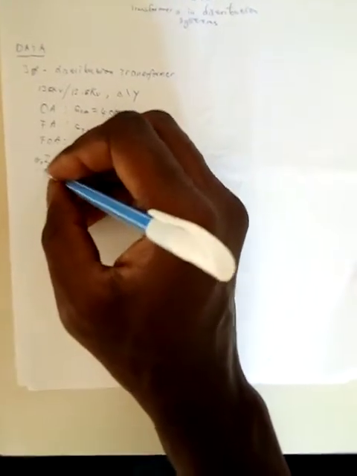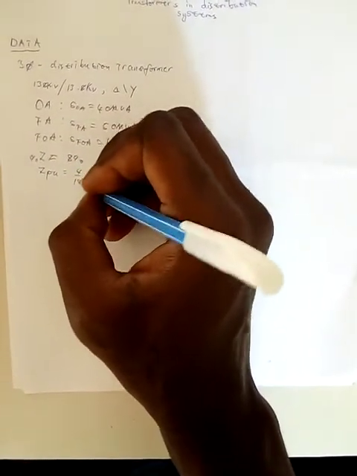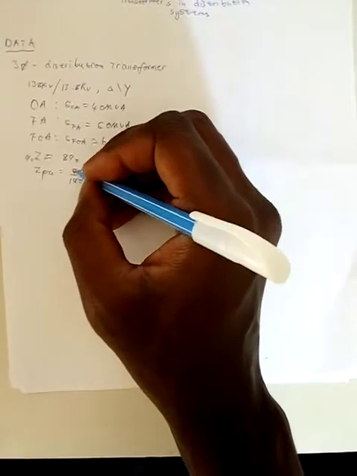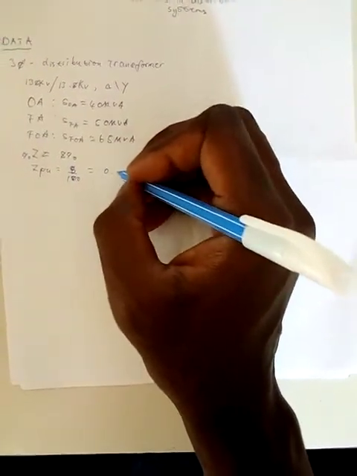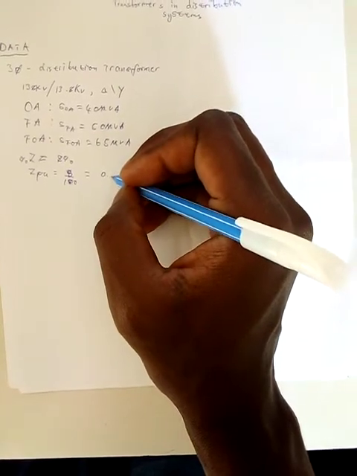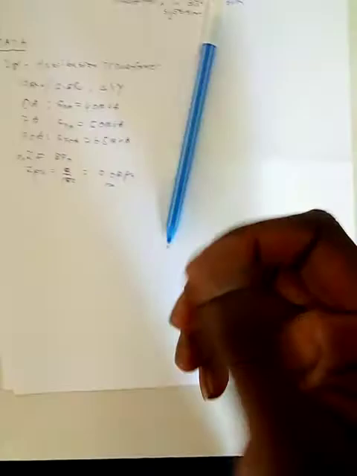This simply means that Z per unit is 8 over 100, which gives us 0.08 per unit. So this is pretty much it.